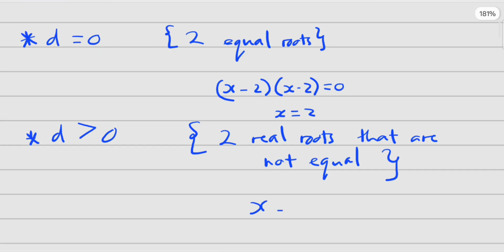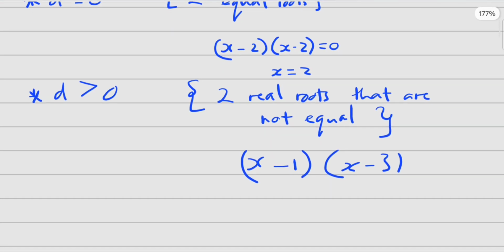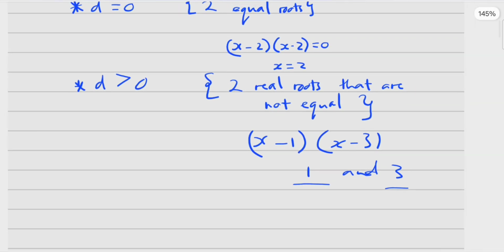For example, x minus 1, x minus 3. We have 1 and 3. We have two real roots that are not equal when the discriminant is greater than 0, right?